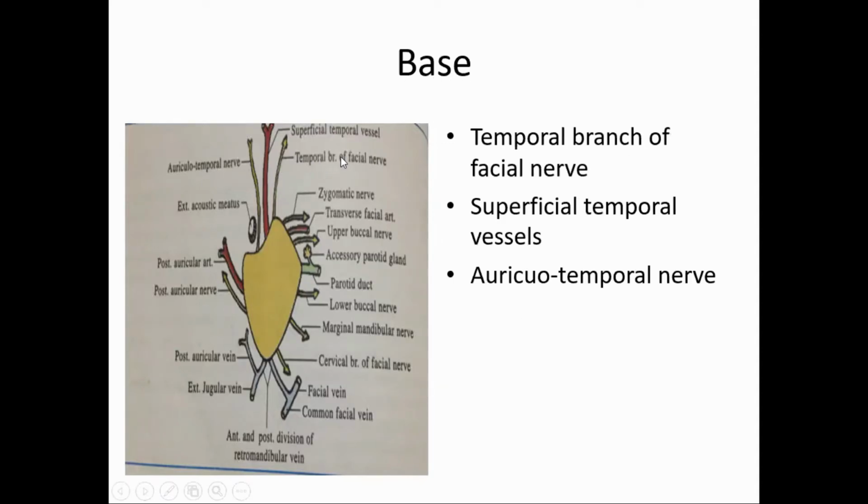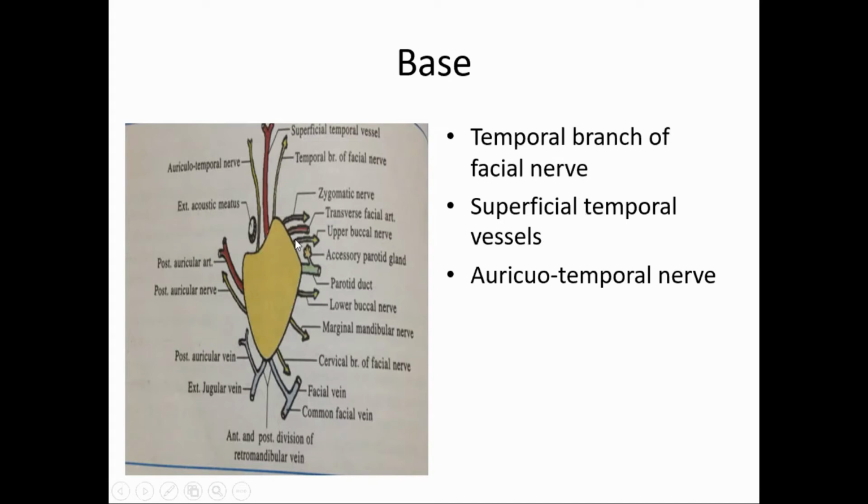Temporal branch of the facial nerve, superficial temporal vessels, and the auriculotemporal nerve. These are the relations of the base or the upper surface, which lies inferior to the external acoustic meatus. Relations of the base are the temporal branch of the facial nerve, superficial temporal vessels, and the auriculotemporal nerve.